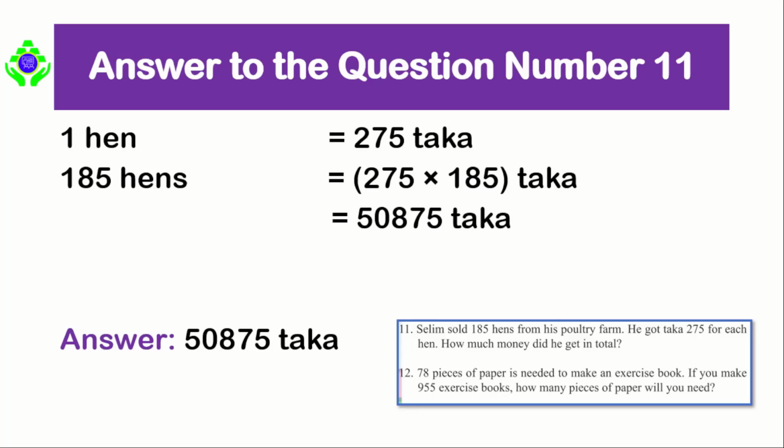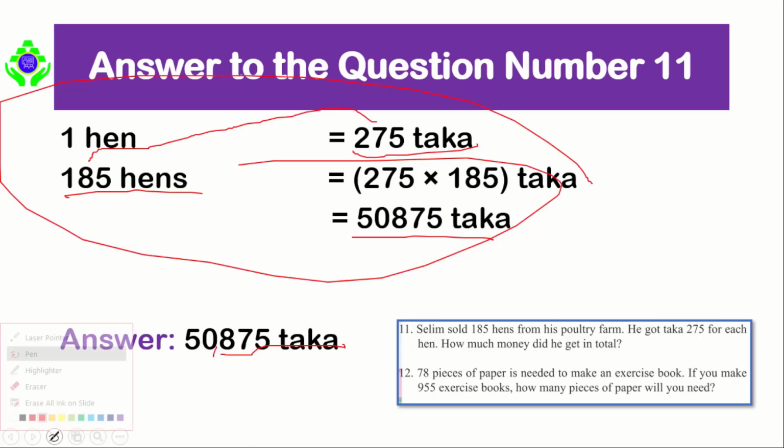So 185 hens is equal to 275 into 185 taka. Then if I multiply this 275 with this 185, the answer will be 50,875 taka.